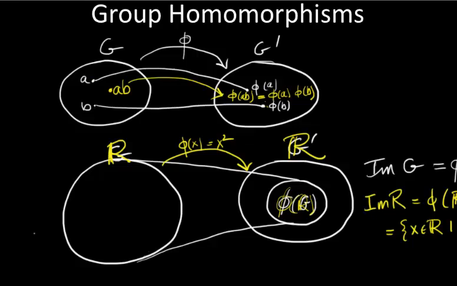In other words, R star with 0 thrown in. In here we have the positives and 0, and out here we have the negatives. The negatives are not hit.